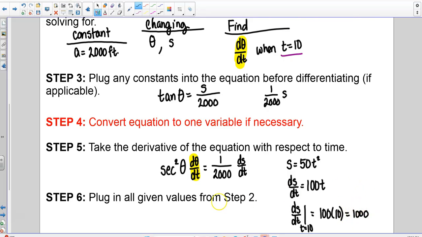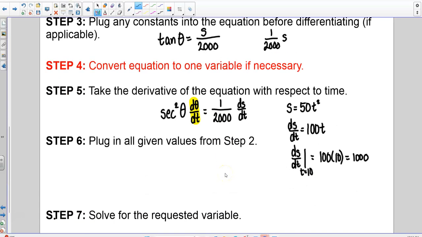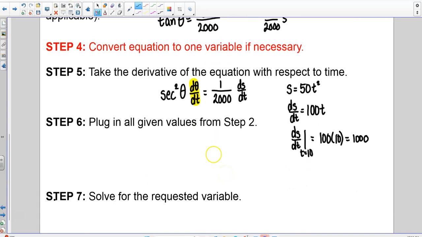So right there for my ds dt, I'm going to have 1,000. I know d theta dt stays there. That's what I'm trying to solve for, so I don't have to replace it. But I also don't know theta. What am I going to have to do to find theta?